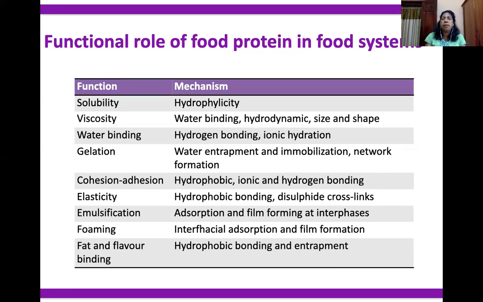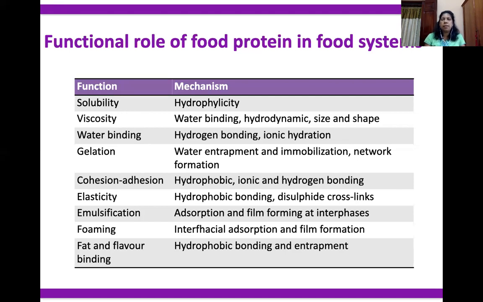Hydrophilic amino acids can also join with each other, making hydrogen bonds. Therefore, solubility can happen. So solubility always means the linkage should be there with the H2O molecule. The function solubility is given because of the mechanism of hydrophilicity of the amino acids. If the product has more hydrophilic amino acids, solubility will definitely be increased.